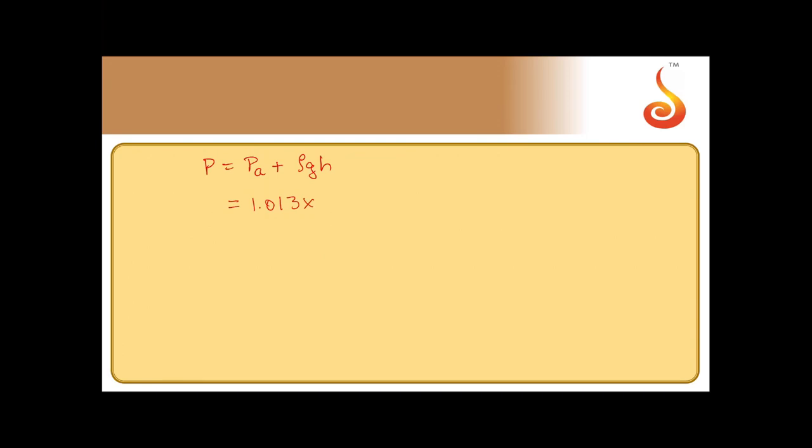that is 1.013 into 10 to the power 5 Pascal, plus rho is 10 to the power 3, g is 10, depth is 20 meter. So this will be 1.013 into 10 to the power 5 plus 2 into 10 to the power 5.